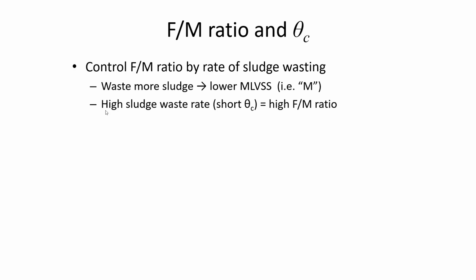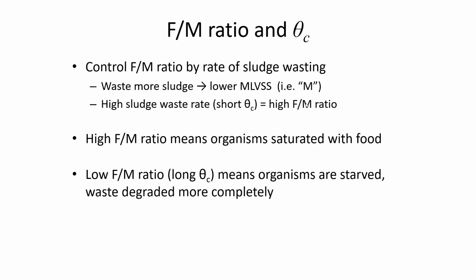So if you have a high sludge waste rate, that means you're going to have a low mean cell residence time and a high ratio of food to microorganisms. So if microorganisms is relatively low, if you don't have many microorganisms, then the ratio of F to M is high. Now, if you have a high F to M ratio, then that means that the microorganisms are saturated with food. They may not be breaking down the substrate as completely.